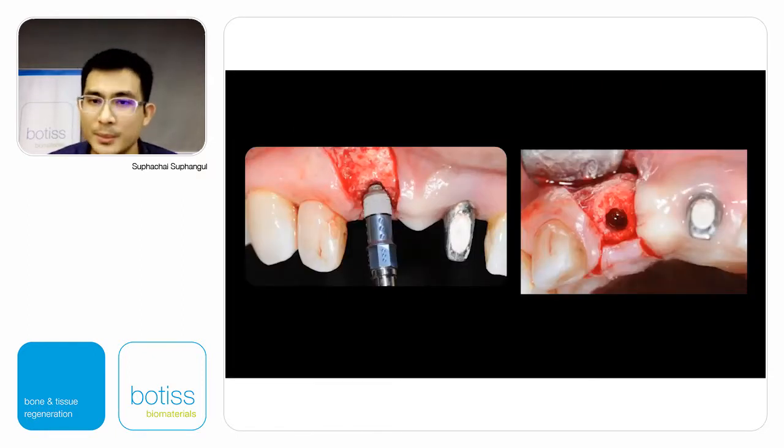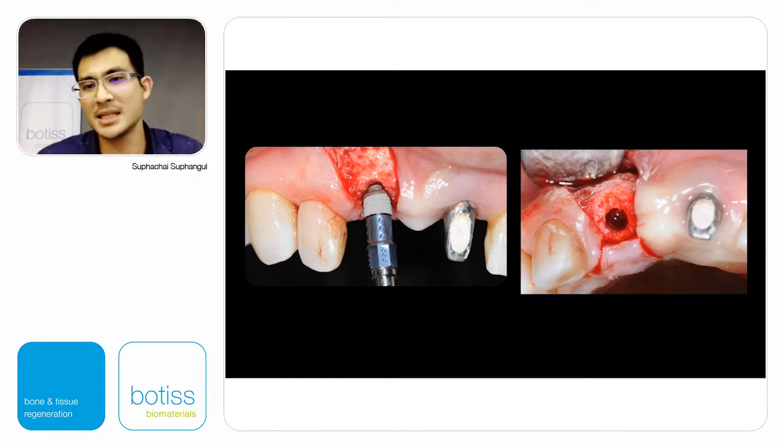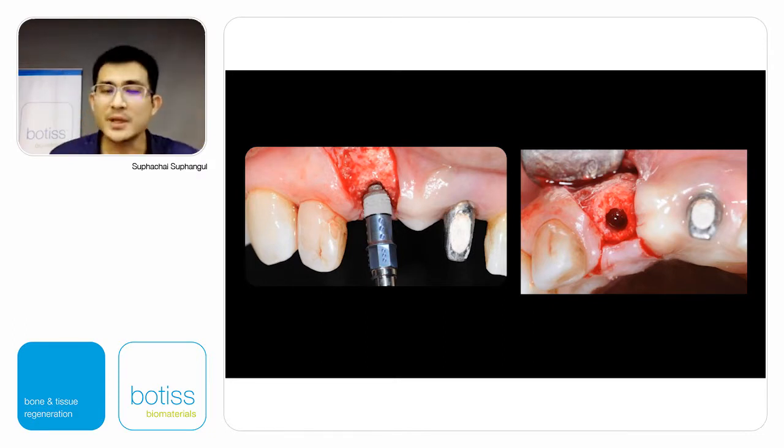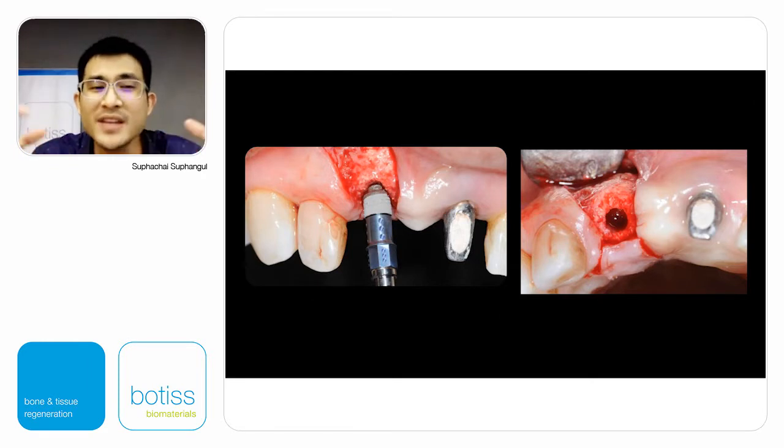That is the osteotomy. After the osteotomy, this is very important. If you can see blood coming from the osteotomy, that is a very good sign. It means the tissue and the bone graft are integrated together and have blood supply.